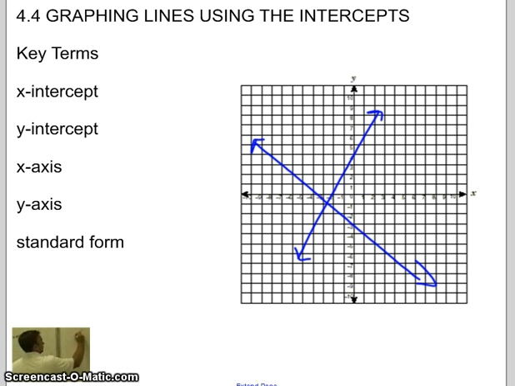So what are intercepts? Well, the x-intercept is where the line crosses the x-axis. The y-intercept is where the line crosses the y-axis.